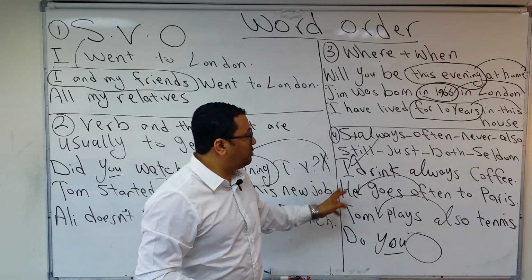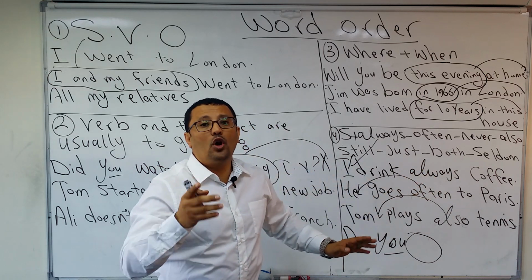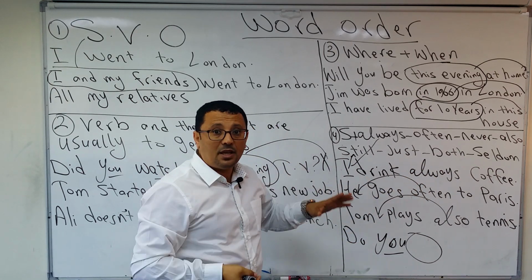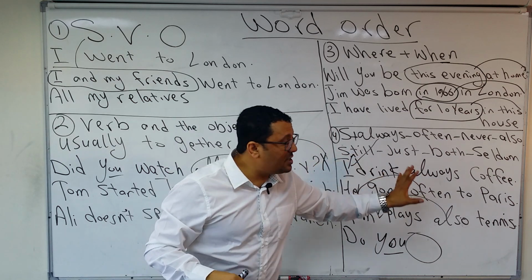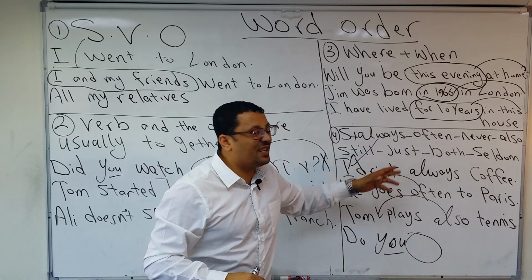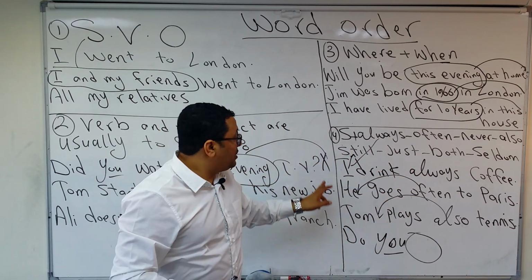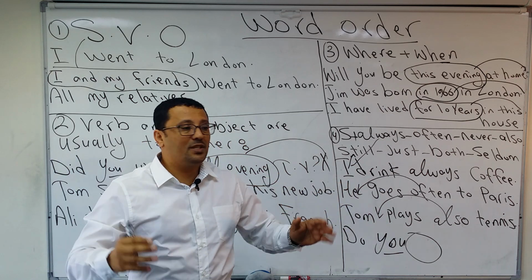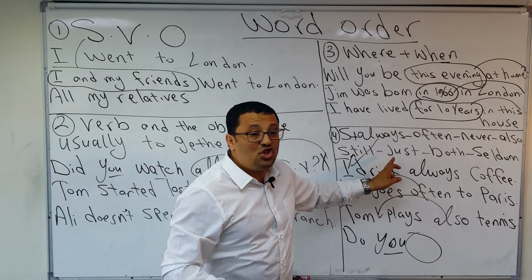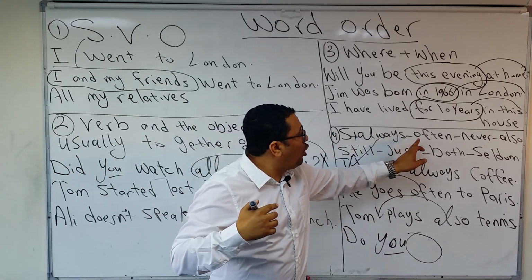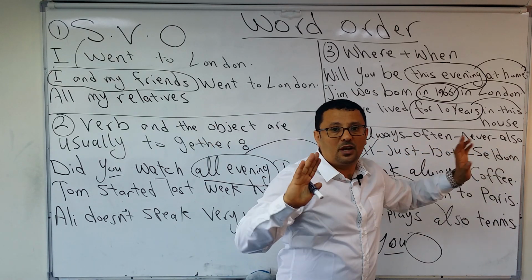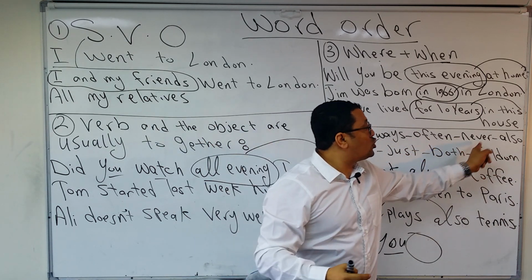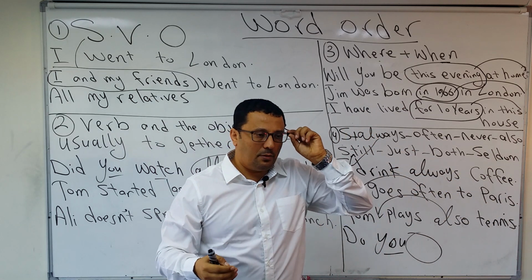But you cannot put sometimes after the verb. The other words, like seldom, rarely, both, just, always come after the subject. I always, I still, I just, I often, he never. You also like music, but you don't say, you like also music. I think you understand the point.